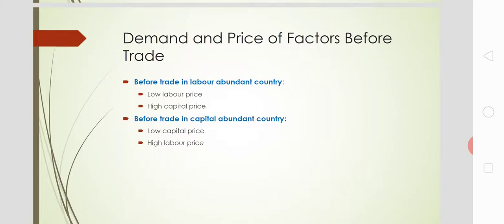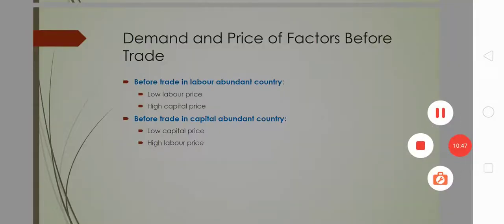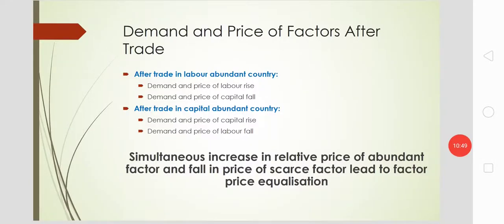So abundant factors will be cheaper, scarce factors will be costlier. Similarly, in a capital abundant country before international trade, capital will be cheaper and labor will be dearer. But what will happen after international trade and after specialization?